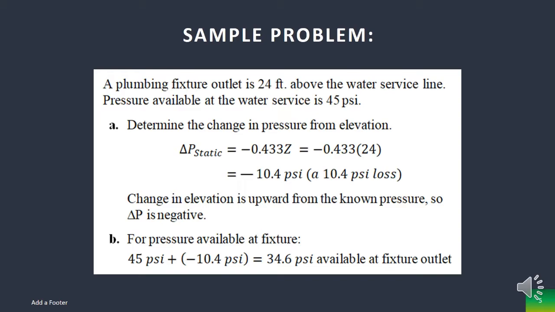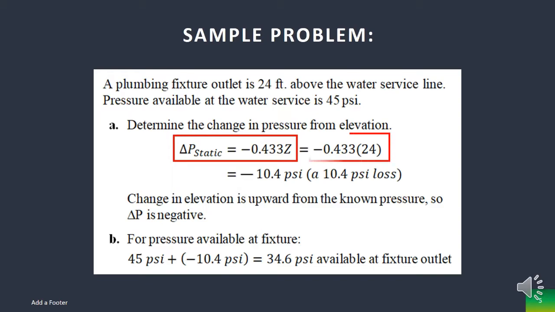So let us try to solve a sample problem. Plumbing fixture outlet is 24 feet above the water service line. Pressure available at the water service is given as 45 psi. So let's first determine the change in pressure from elevation, and we're going to use the psi unit. Delta P static is equal to negative 0.433 times the vertical height z.